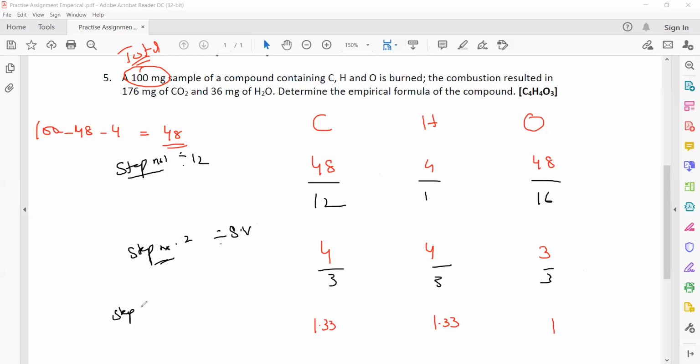Then step 3, we make them the simplest whole number ratio. Since 1.33 is there, we multiply all of them by 3. 1.33 multiplied by 3 is 4, so we get 4, 4 and 3. So the empirical formula of the compound is C4H4O3.